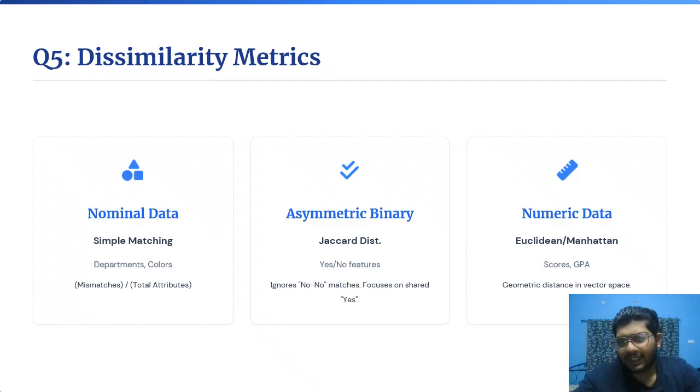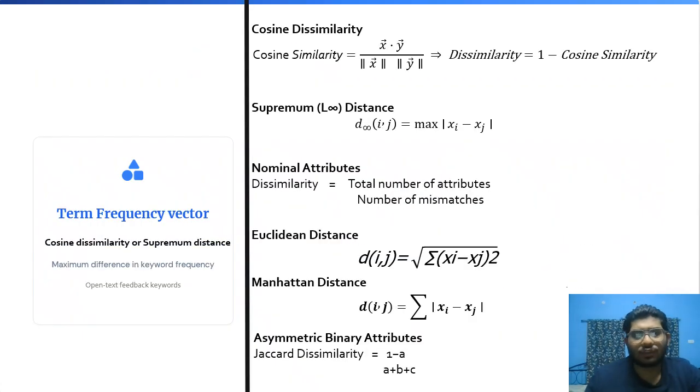Now numeric data: Euclidean, Manhattan, scores. This gives us scores, GPAs, grades, kind of things. Geometric distance, vectors in vector space. Now there are four, right? The term frequency vector uses cosine dissimilarity or supremum distance, which gives us the maximum difference in keyword frequency, like open text feedback keywords.